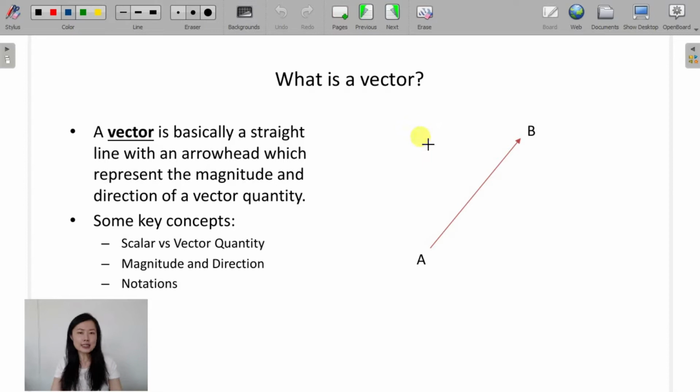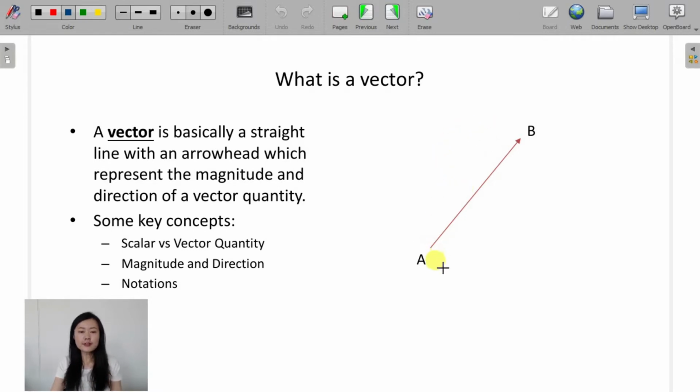But what exactly is a factor? Basically, for those who are not doing physics, it's literally just an arrow. And what that little arrow is supposed to represent here is magnitude and direction.